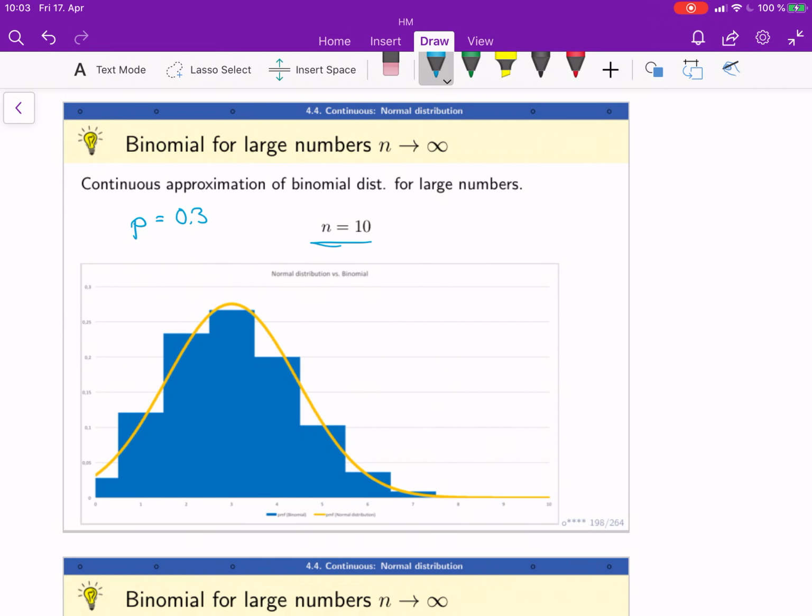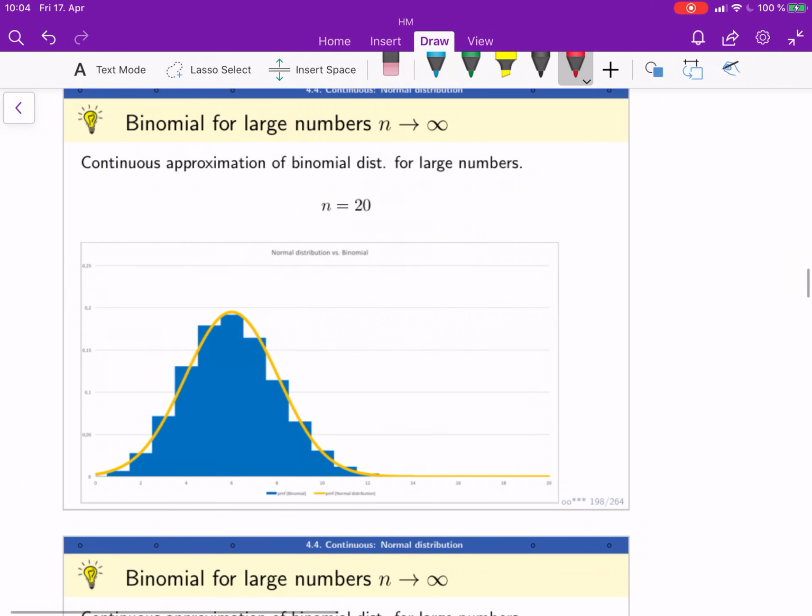Then in blue you see my binomial distribution. So what are the chances in 10 coin flips to get 1 or 2 heads, or 3 most likely, and 4 and so on. And I've put the normal distribution in this yellow curve, so we already see a similarity there.